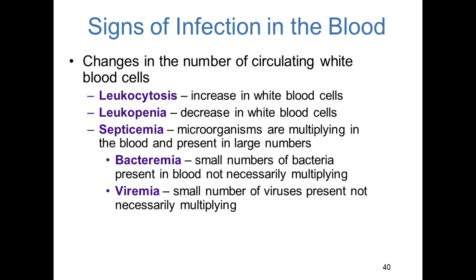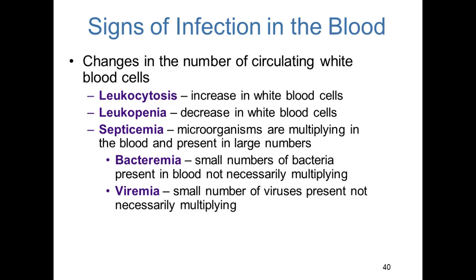When a temperature spikes, that's usually when the bacteria are running through the blood as bacteremia, so not necessarily septicemia. The microorganisms aren't multiplying, but they are in the blood, and sometimes we can catch them with a blood culture. That might help us to diagnose pneumonia. It's difficult to diagnose pneumonia.